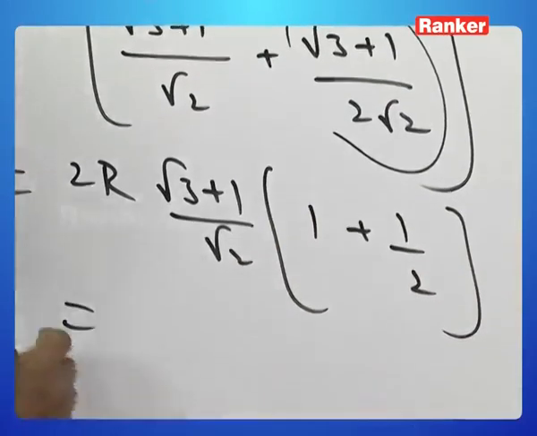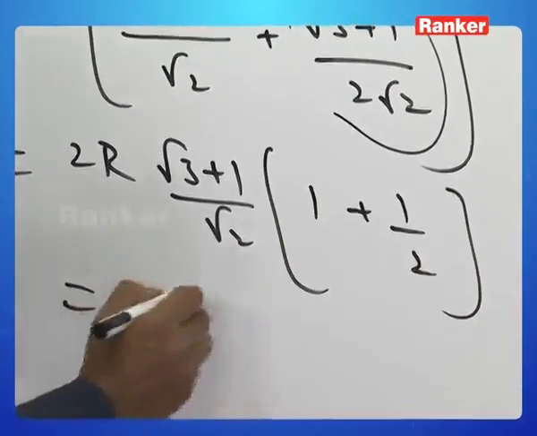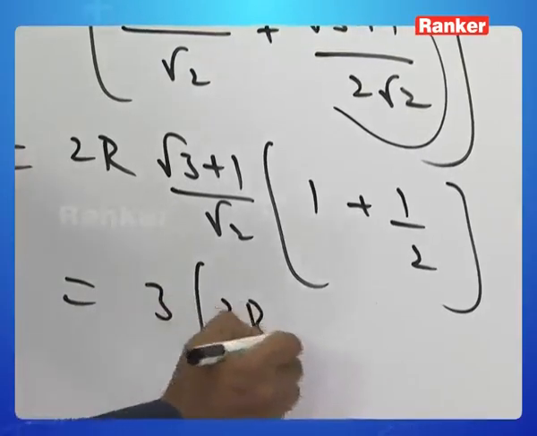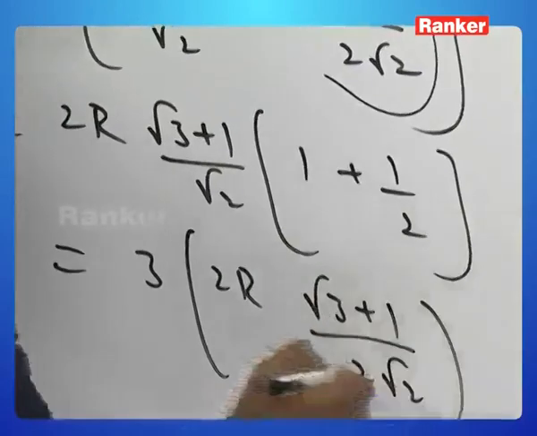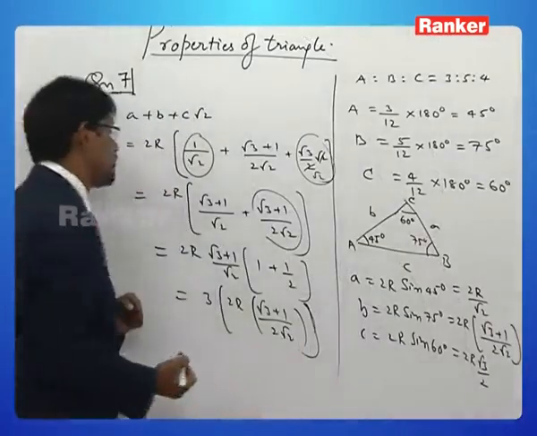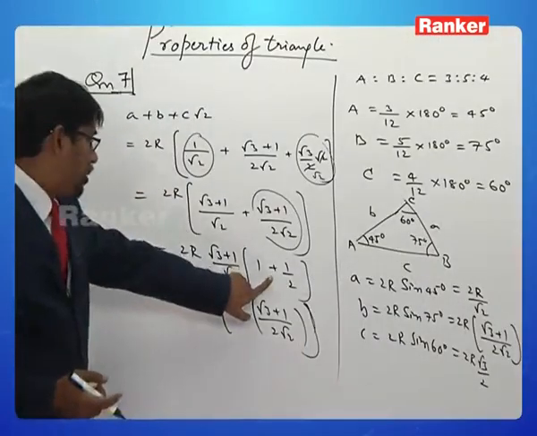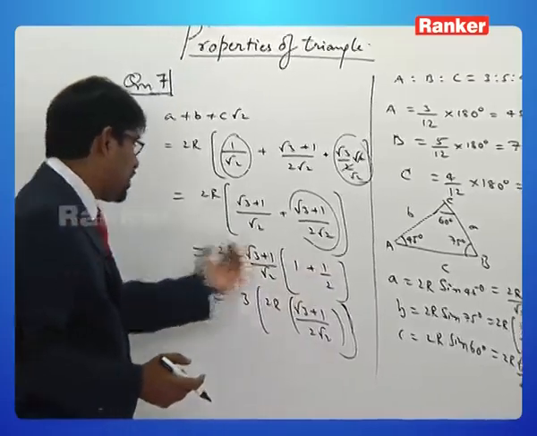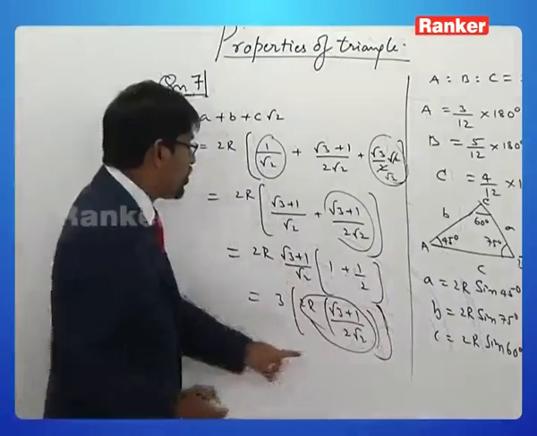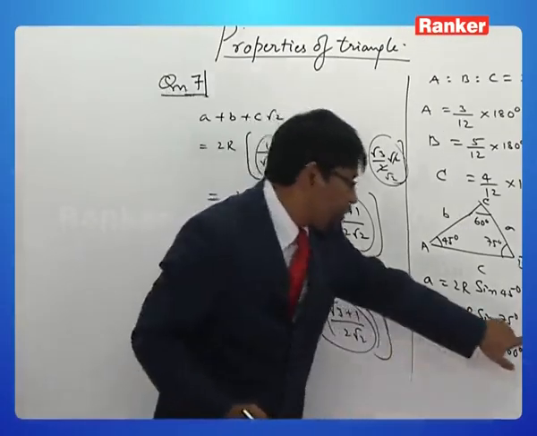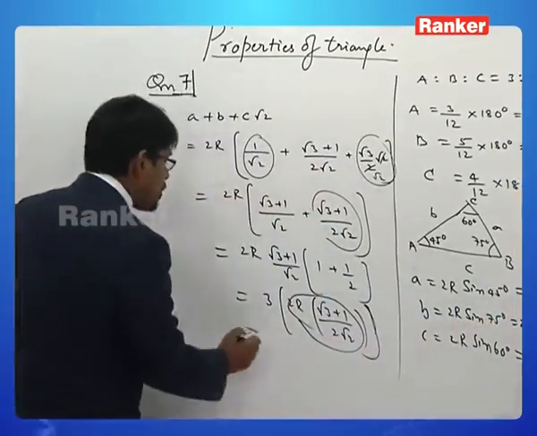So that makes it 3 into 2r into root 3 plus 1 by 2 root 2. We have a 3 by 2 here. I am pulling that 3 out, taking this 2r here, and what is this equal to? 2r into root 3 plus 1 by 2 root 2. What is that equal to? B. So this is coming out to be 3b.